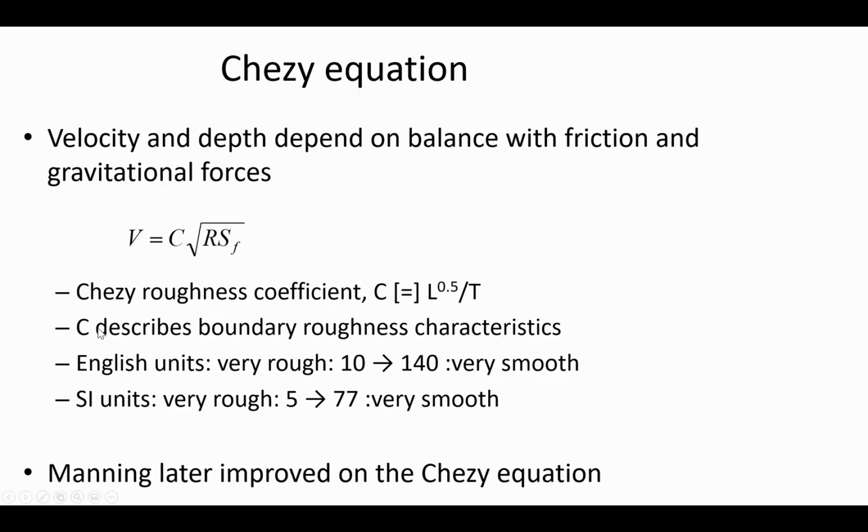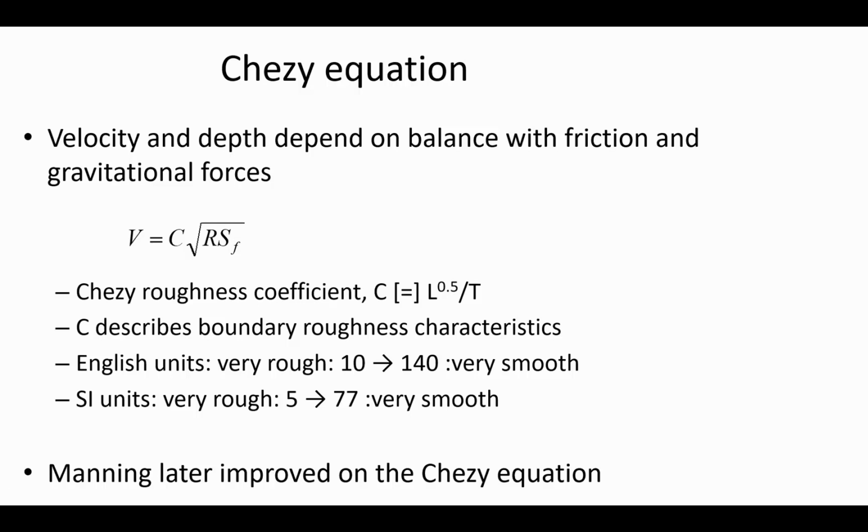And you'll notice that after this friction factor C, we've got the hydraulic radius and the slope of the energy grade line under the square root power. Manning's equation later made some refinements on the Chezy equation, and one component of that is that rather than taking the hydraulic radius to the 1/2 power, it has a different exponent in Manning's equation.